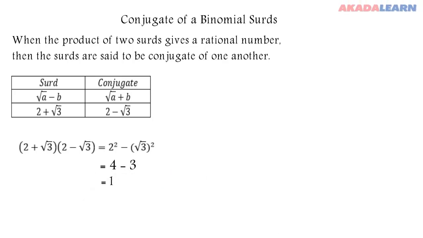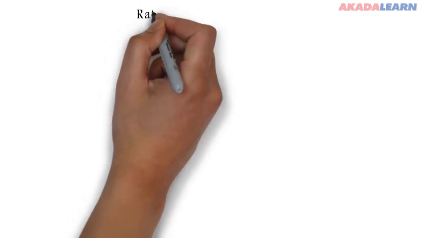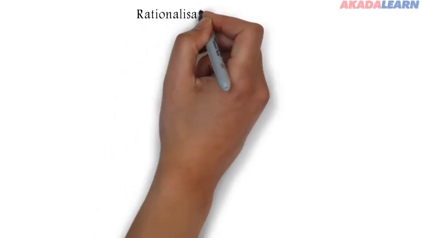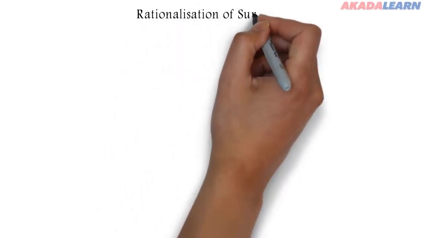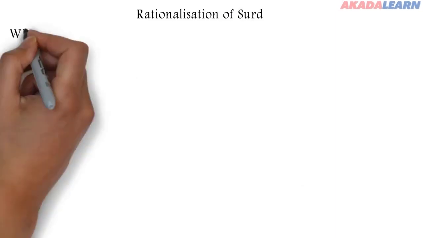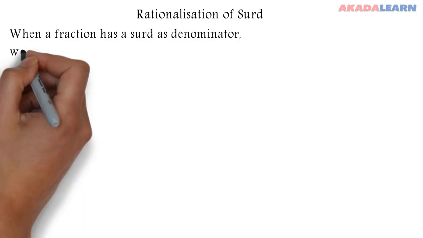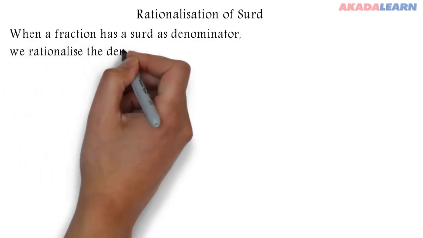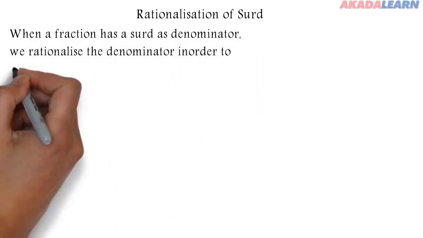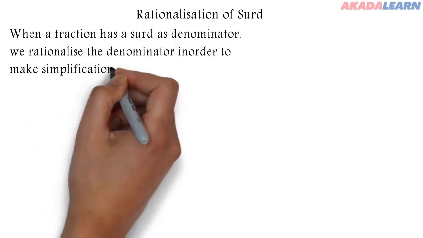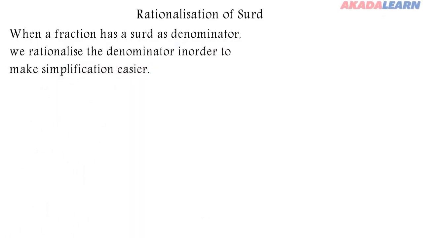So let's see the application now properly under rationalization of the denominator of a surd. When a fraction has a surd as denominator, to simplify that fraction, it is easier for us to rationalize the denominator. Okay, let's see an example now.